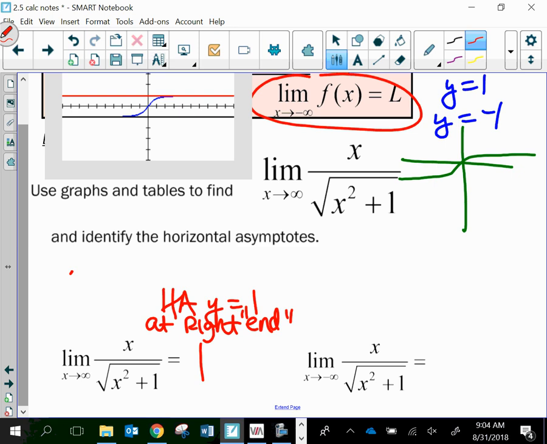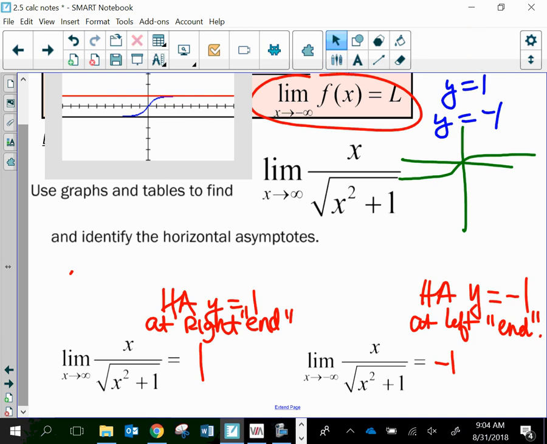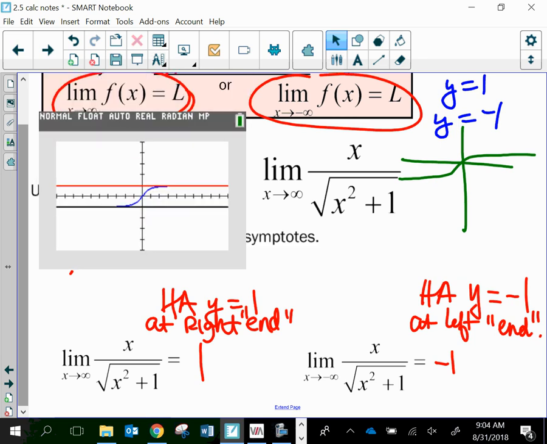And then at the left end, your horizontal asymptote is negative 1, okay? At the left end, okay? So remember the definition, you can turn around. You can say, oh, if I have that, then I know that's my horizontal asymptote. So remember that.